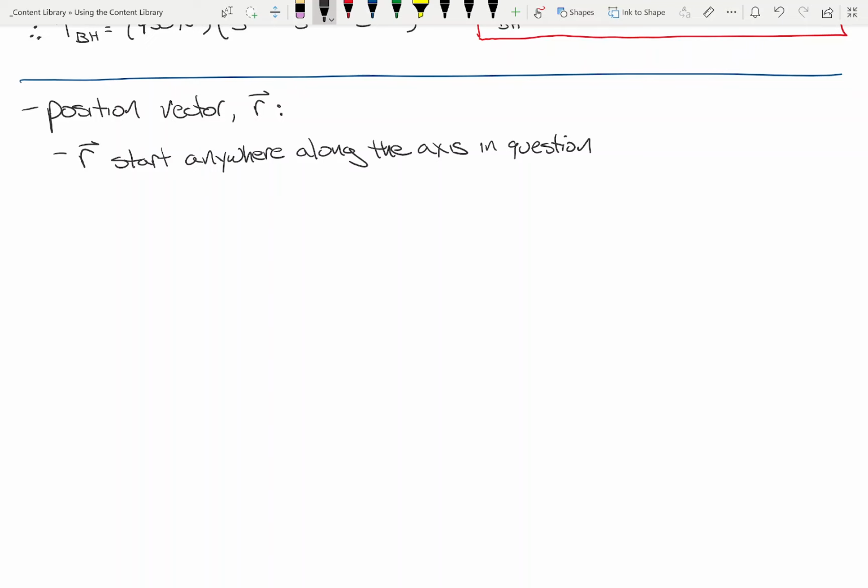In other words, anywhere along the axis defined by that line.